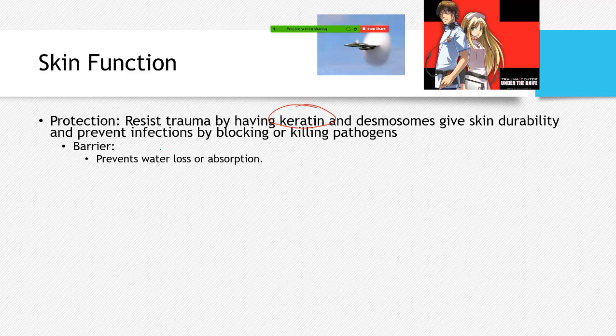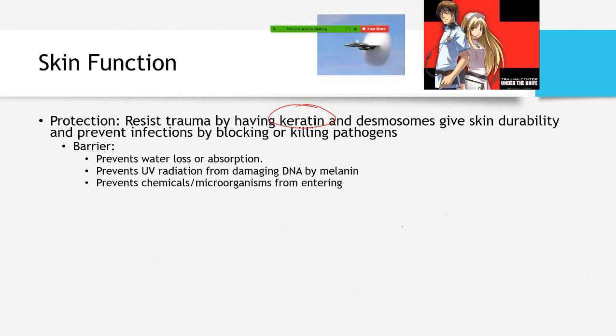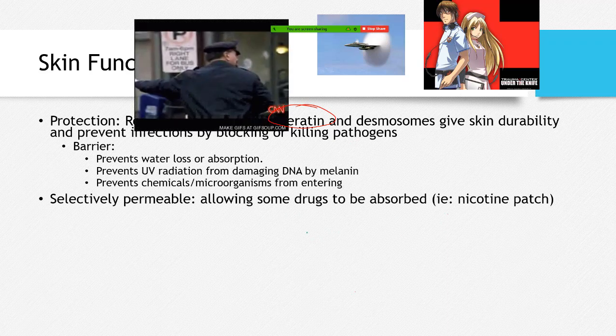And melanin is there to help protect our nucleus from being damaged by the UV radiation. So people that have a lot more sun exposure will have darker skin because of the melanin to help protect the DNA in the nucleus. And it also prevents chemicals and microbes from entering our body.